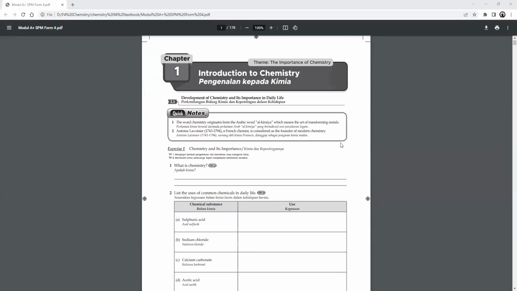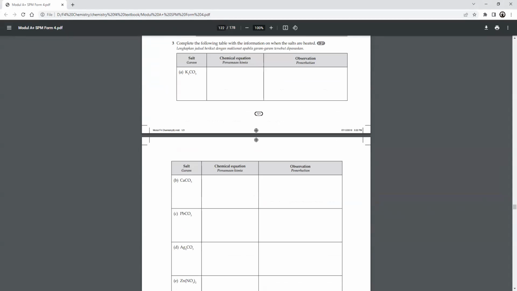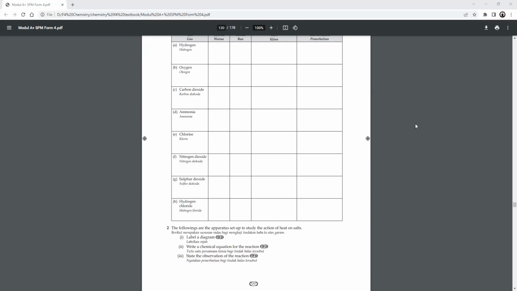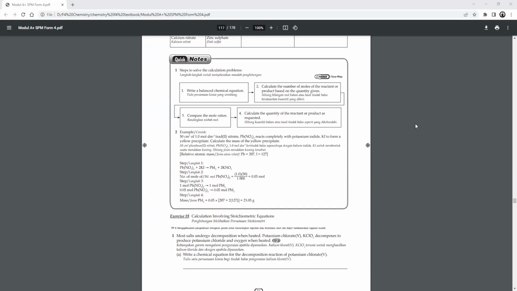Where did we stop? Let me see. 6.6. Preparation of this.